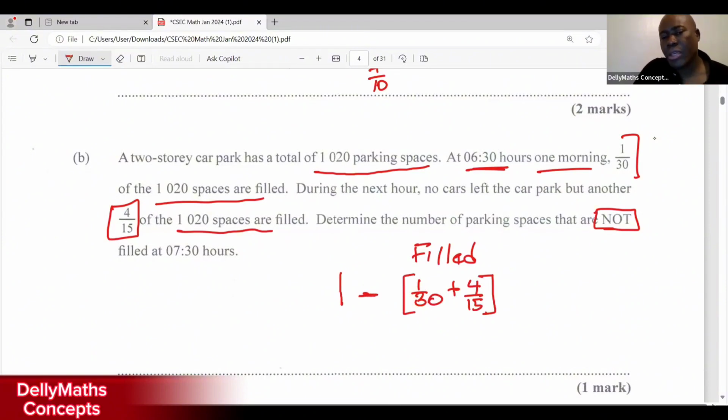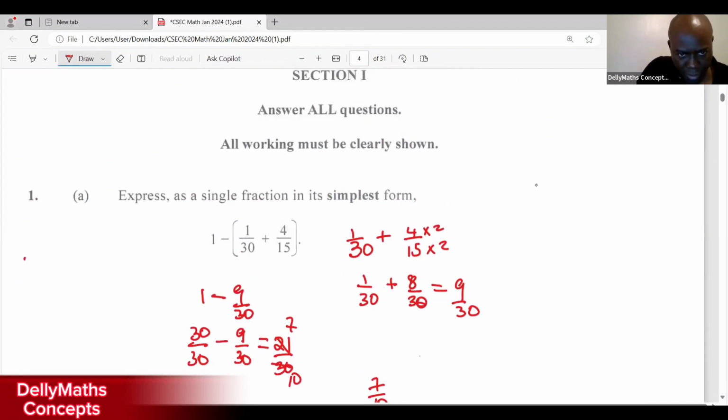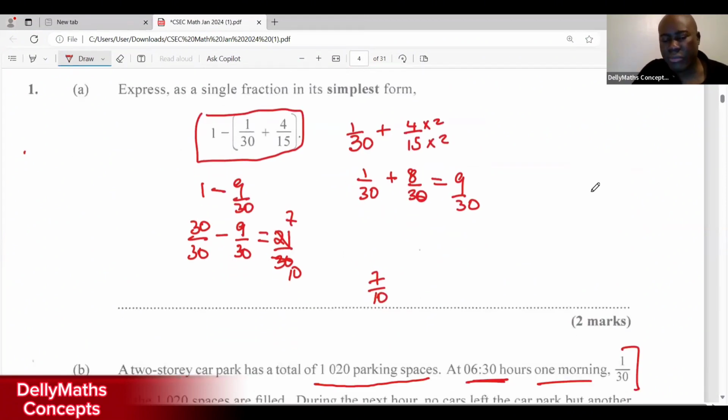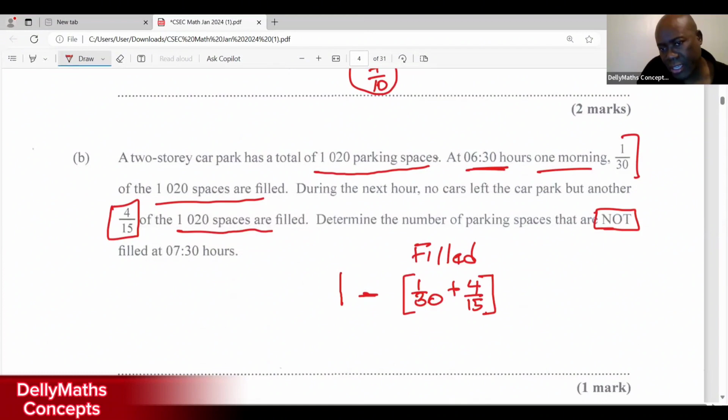But when I look back at this working out, it reminds us of the problem that we just did, which means that the result of that is already 7/10.